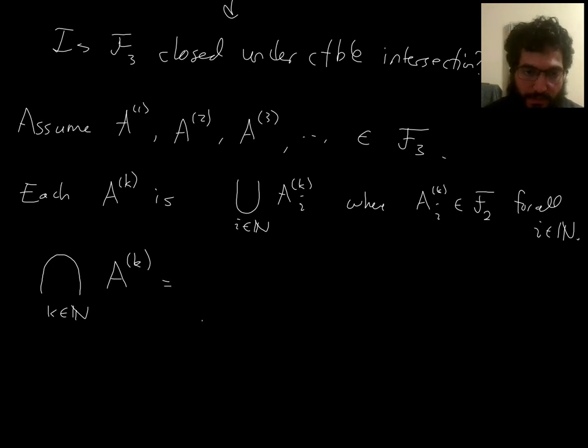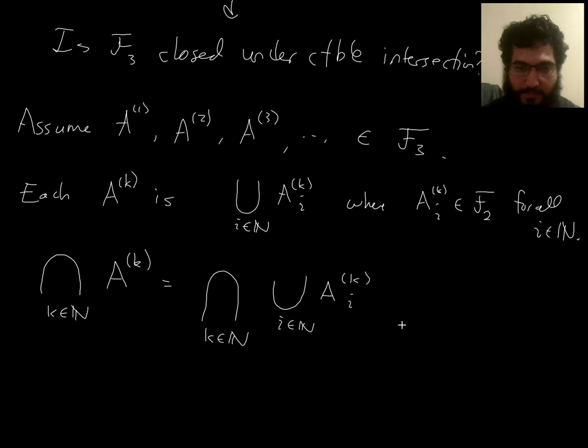So this is the intersection. My intersection symbols get larger and larger as the drama and tension increases, of the union over i in N. So we do get a kind of distributivity here.